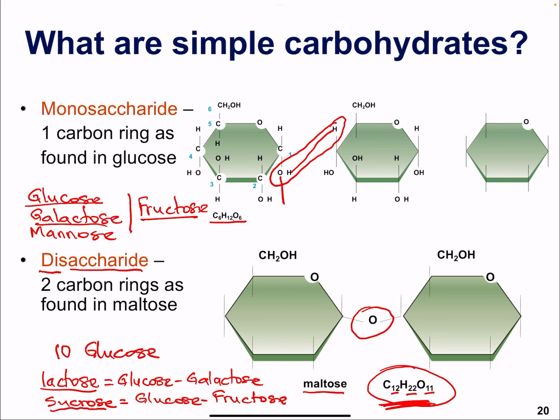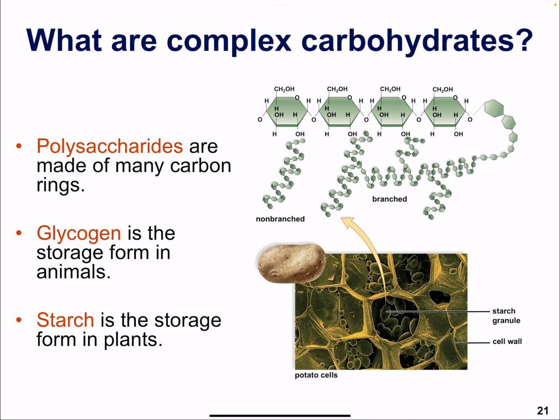So please remember three examples of disaccharides. We have maltose, glucose and glucose. We have lactose, glucose and galactose. And we have sucrose, glucose and fructose. I want you to remember these examples because these are things that you are going to encounter on a regular basis in your life. Now, the polysaccharides.